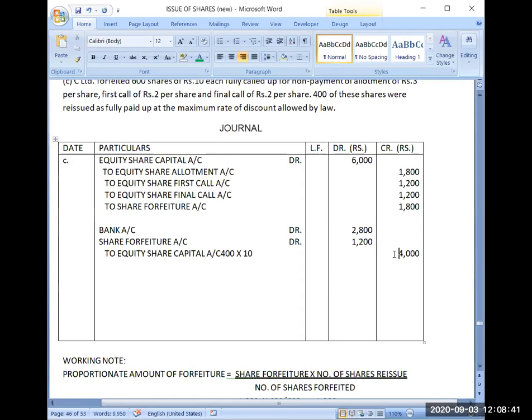Then this amount should be clear, 4,000, because capital is fully paid up. These shares were issued as fully paid up. So that's why 4,000 minus 1,200, it will be your bank amount.